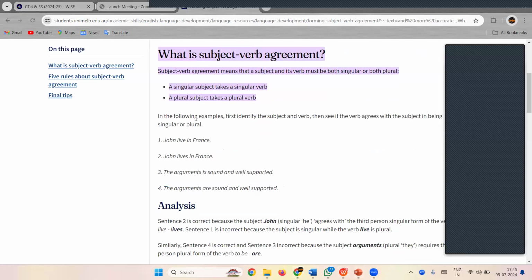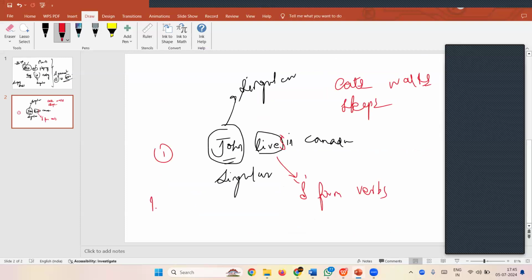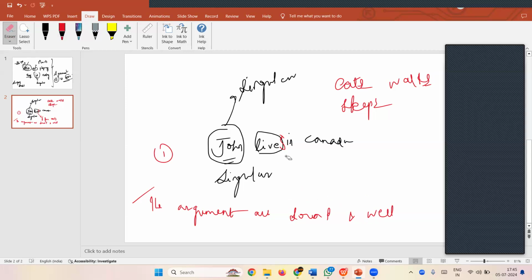Okay. So when I change the sentence like this, The argument are sound and well supported, is the sentence in correct form? No, ma'am.